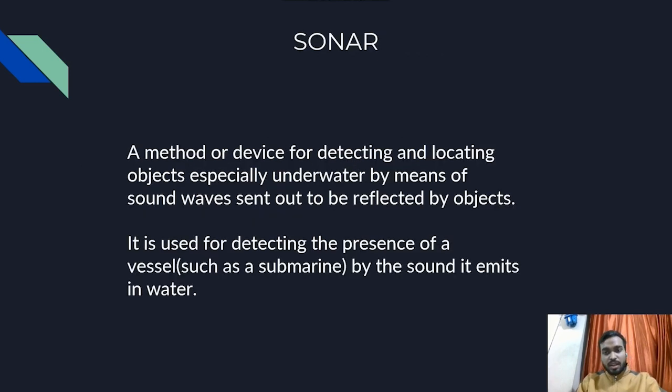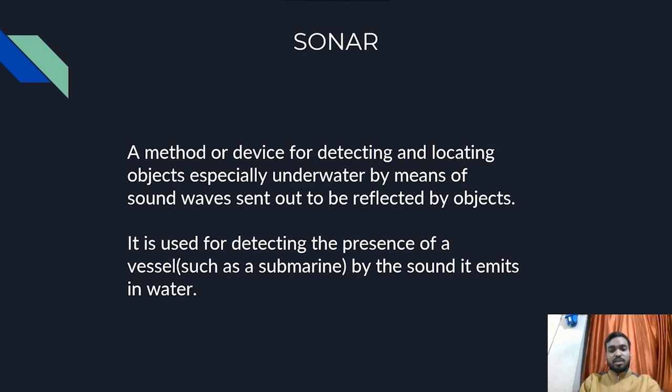Now for underwater, we use another sensor called sonar. A sonar is a device for detecting and locating objects, especially underwater, by means of sound waves sent out to be reflected by objects.